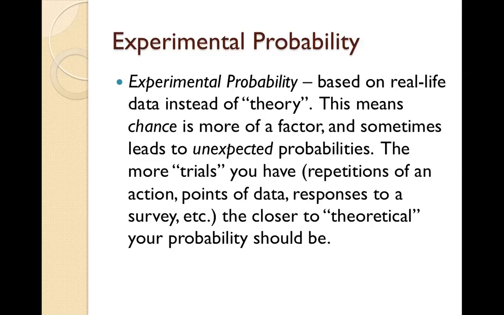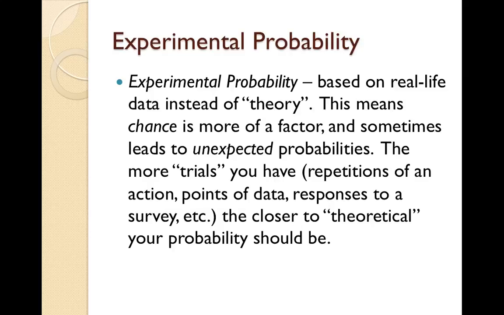With theoretical, we are basing our probability on what we think should happen or what we would expect to happen. So when we think about the probability of rolling a 3, it's based on the number of different ways to roll a number, the number of ways of rolling a 3, and never having actually rolled the die.